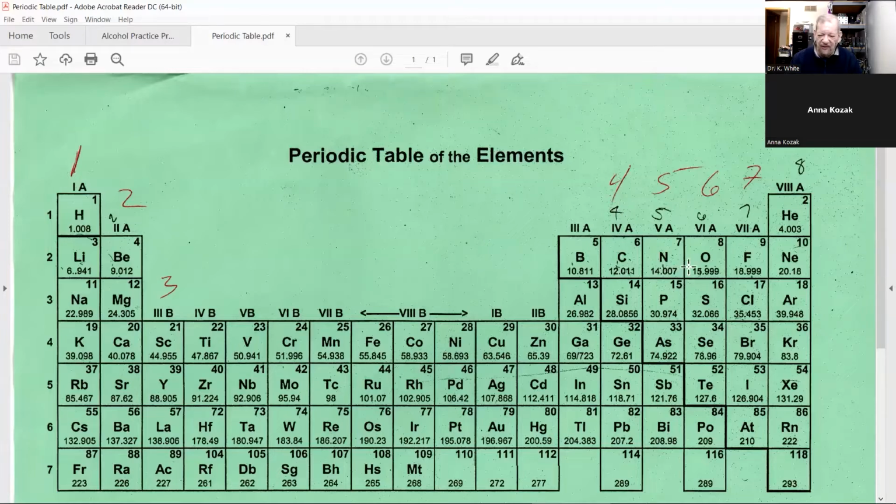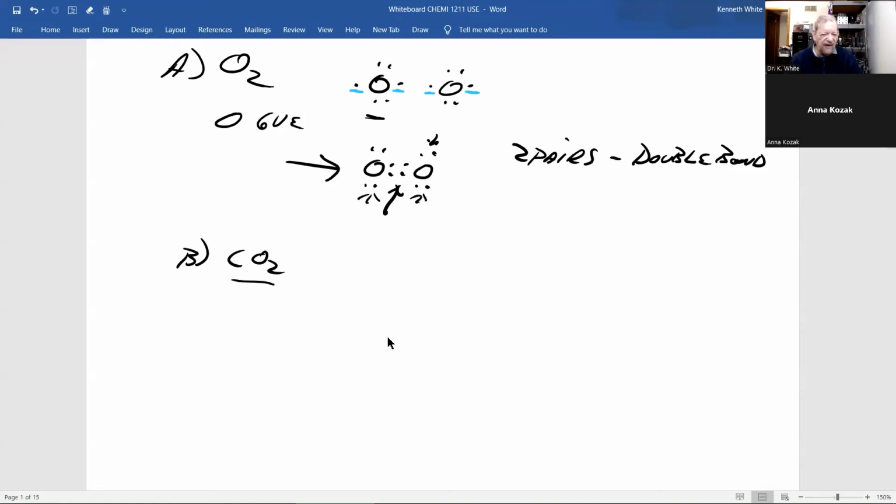Nitrogen, we're not doing that one, oxygen has 6. So carbon has 4 valence electrons, oxygen has 6 valence electrons. And why don't you try drawing the Lewis structure for carbon dioxide, CO2?